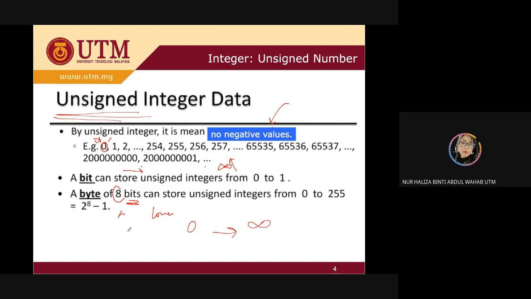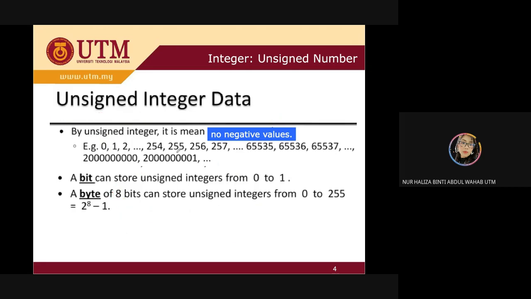But when you are given the bits, of course there is a maximum. So you need to know the equation for the lower bound and also the upper bound. When you get this lower bound and upper bound, it is called a range.